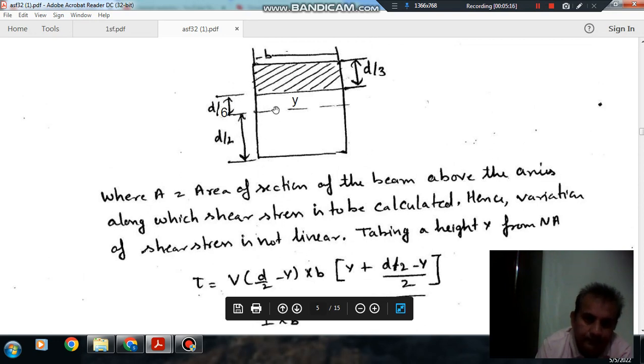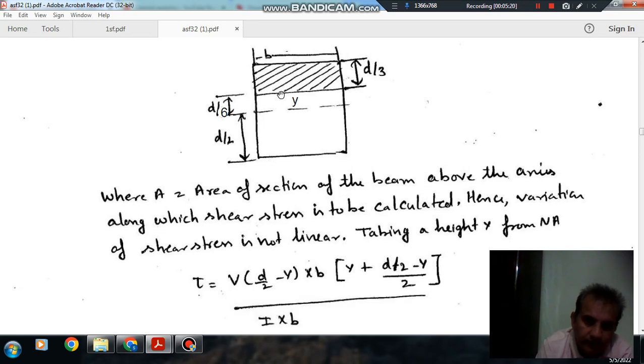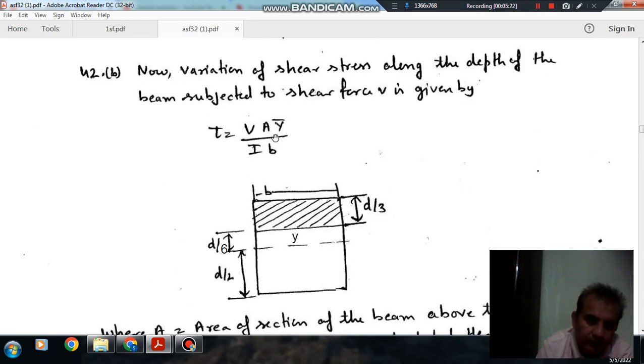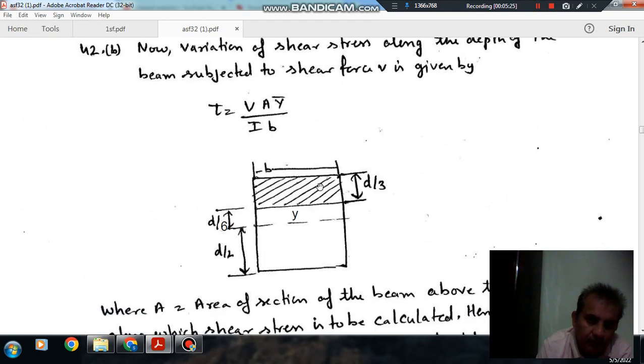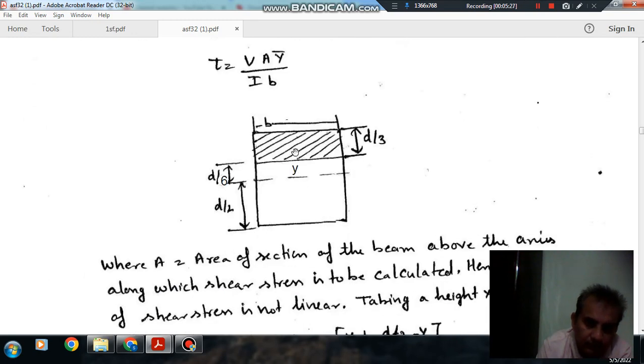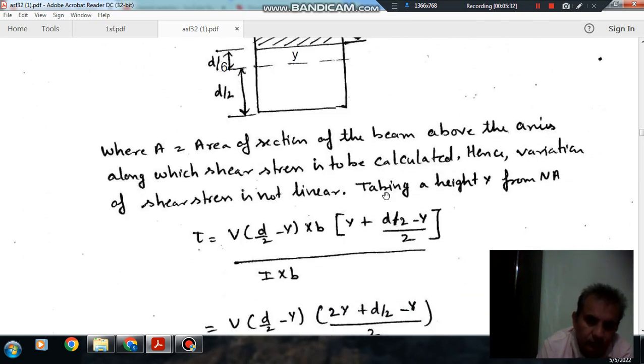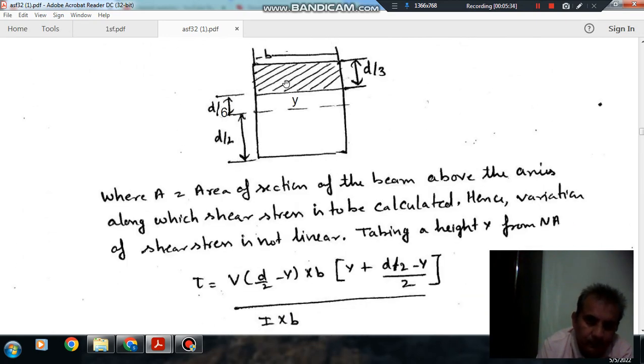We have determined A, now we have to determine y bar. So y bar is y plus the distance of the center of this section from the bottom of it. This depth is D by 2 minus y, and if we divide by 2, it is (D by 2 minus y) by 2.